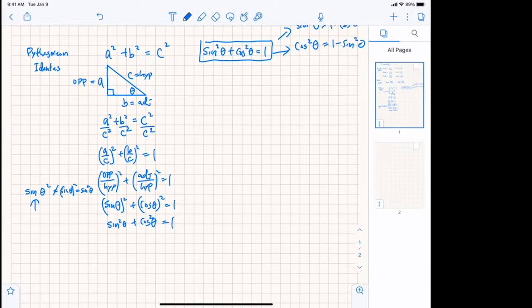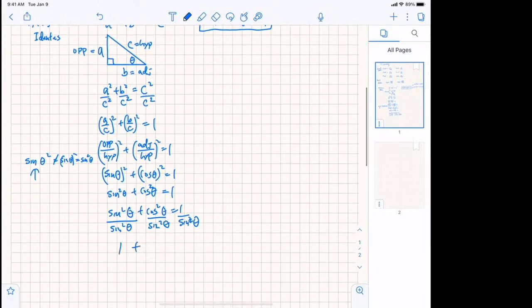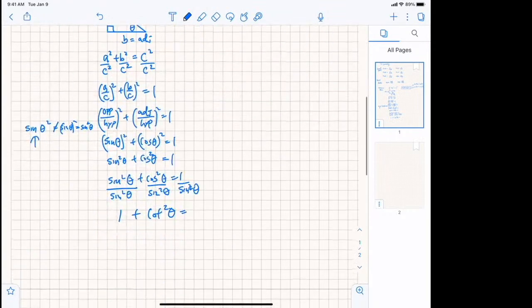So what if I take this function, sine squared theta plus cosine squared theta is equal to 1, and I decide to divide it by sine squared theta. That's going to be 1 plus cotangent squared theta equal to 1 over sine squared theta. 1 over sine is known as cosecant, so it'll be cosecant squared theta.